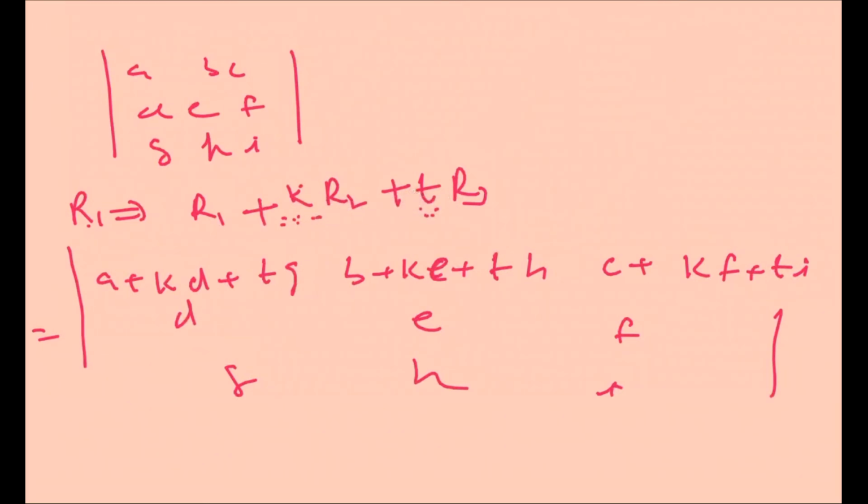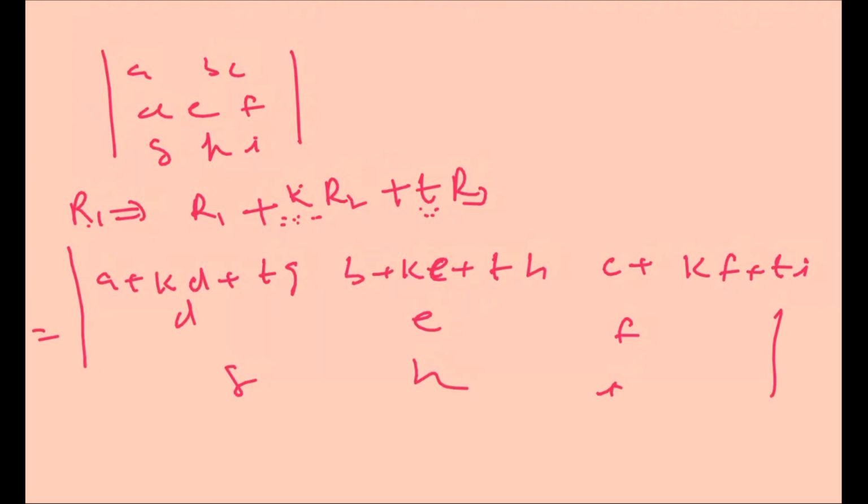Now it's very important that if you are changing R1, it should not be repeated in R2 in the opposite way. Meaning, if you change R1 to R1 minus R2, and again you change R2 to R2 minus R1, you should not do this. Don't repeat it in cyclic order.